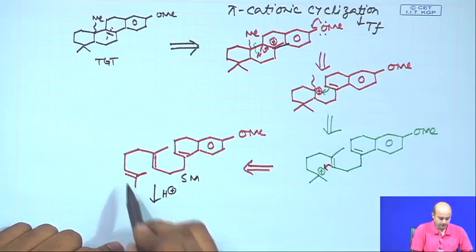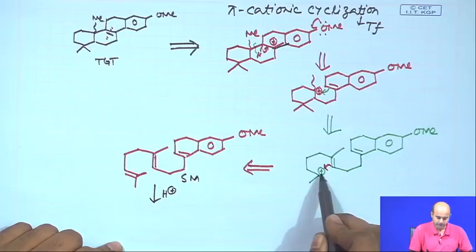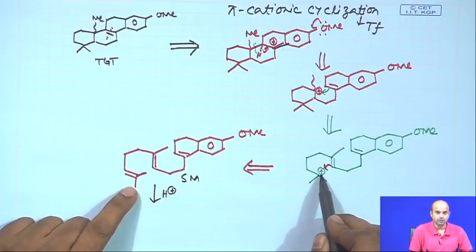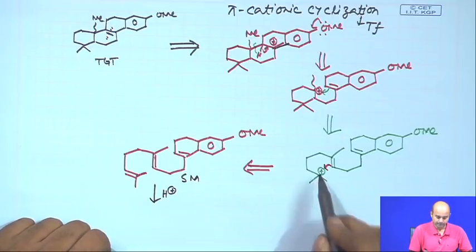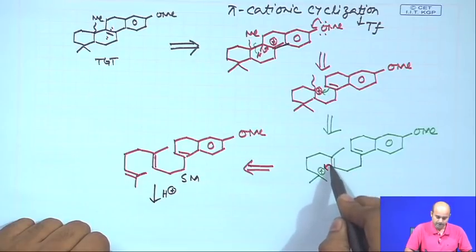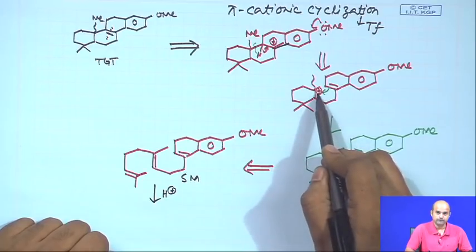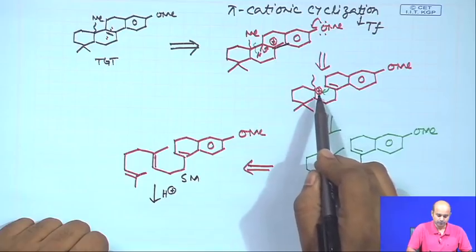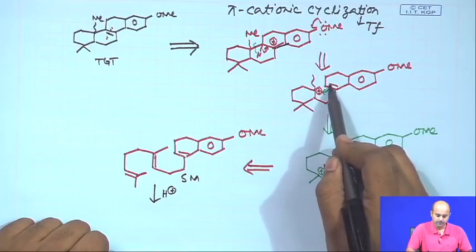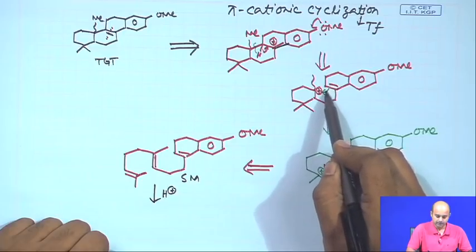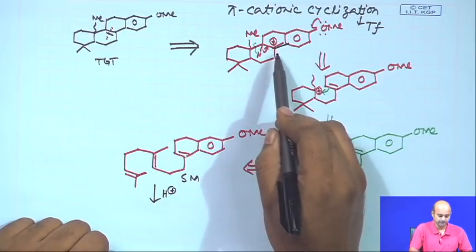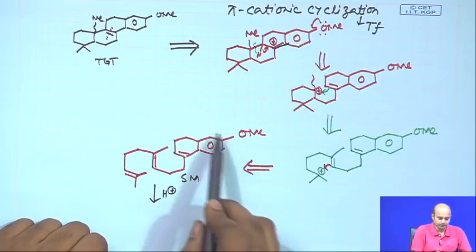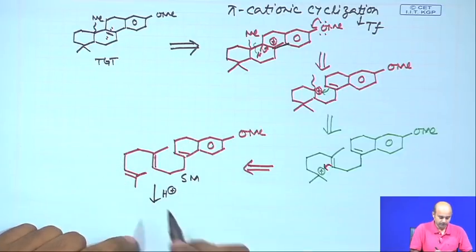This will generate a stable carbocation, because it is a tertiary carbocation. This tertiary carbocation will be quenched by this pi bond, giving a carbocation here, and then another pi cloud gives you this para-methoxybenzyl cation. So, eventually you need something like this.